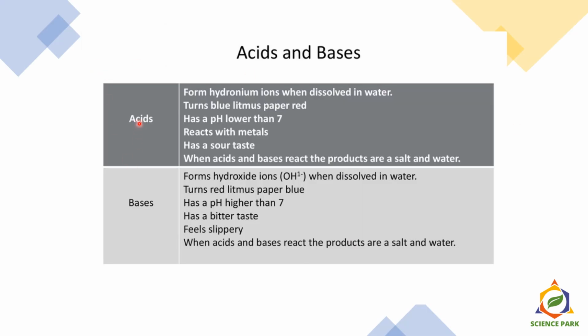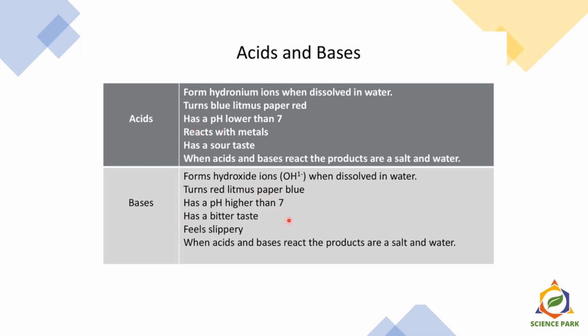Now let's see the difference between acids and bases. You can pause the video here and write down the difference between acids and bases in your notebook. Acids form hydronium ions when dissolved in water. Bases form hydroxide ions when dissolved in water. Acid turns blue litmus paper red while bases turn red litmus blue. Acids always have pH lower than 7.